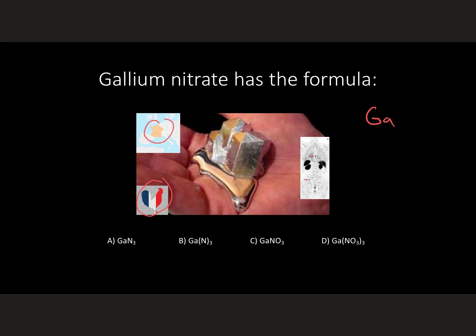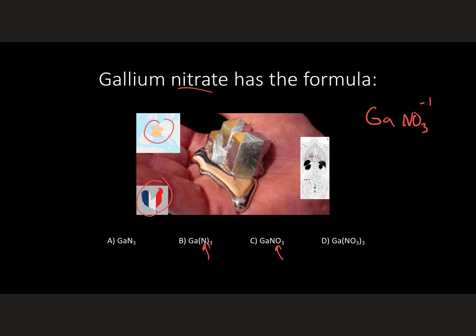So gallium nitrate. So nitrate is what? Well, it's actually NO3, right? What is the charge on nitrate? Okay, so that is a -1.